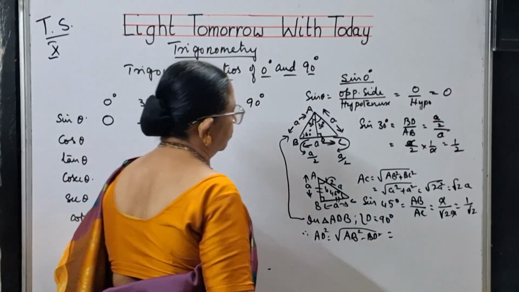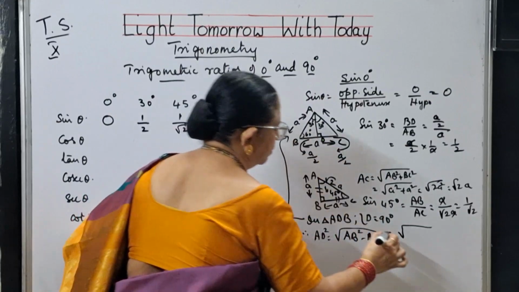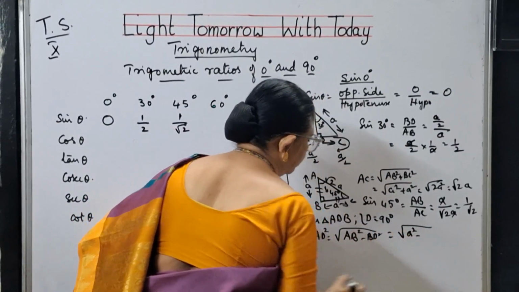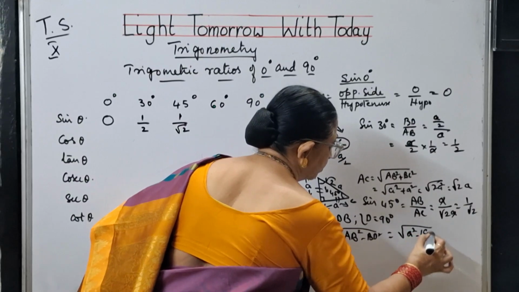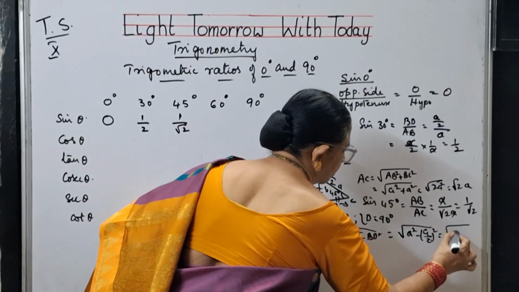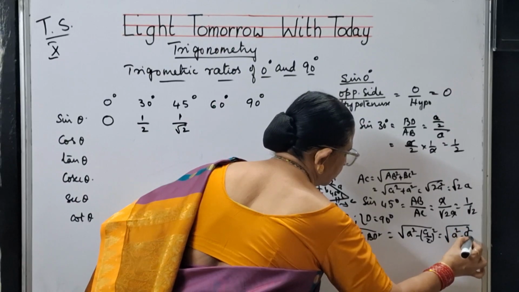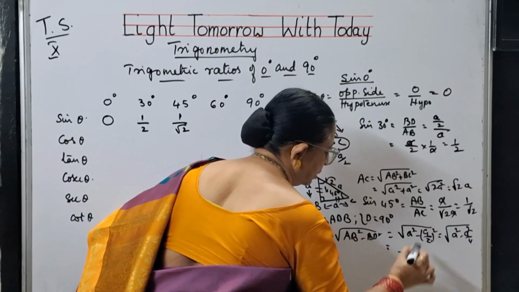So AD is root of AB square minus BD square, that is root of AB square is a square, minus BD square is a by 2 whole square. That means root of a square minus a square by 4. So let me take LCM here.